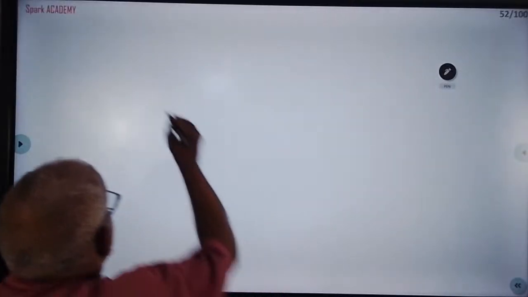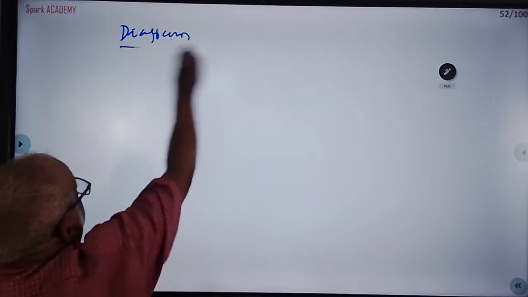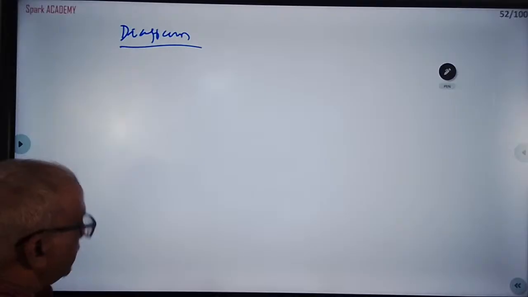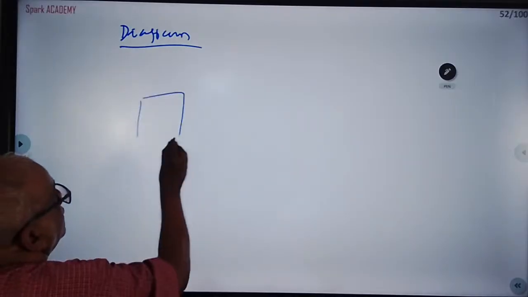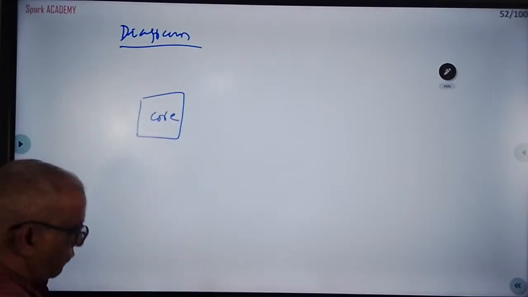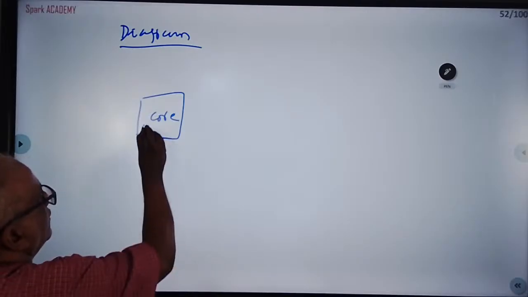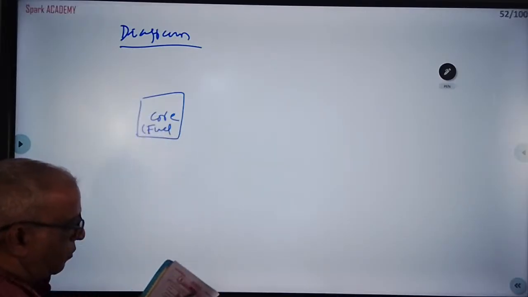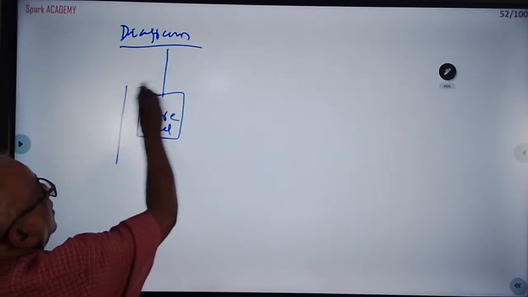Diagram. What is the diagram? A simple diagram you can draw. Textbook diagram is simple, we are using that. Here is the core. Core means the fuel is in it. This is the core, fuel is there. Here is the box.